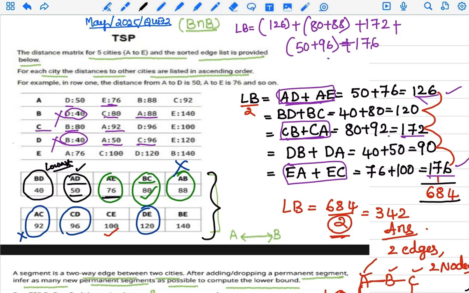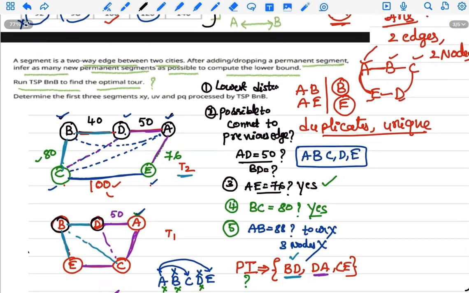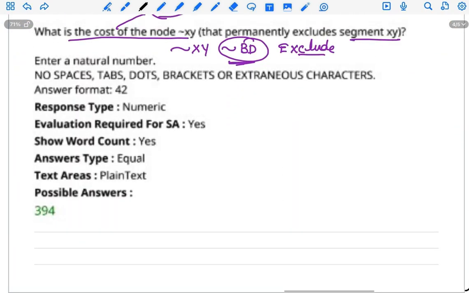So if we add all the things, the value is 788 by 2, that is 394. This is the lower bound without including. The answer is lower bound 394, right? So for this question the answer is 394.